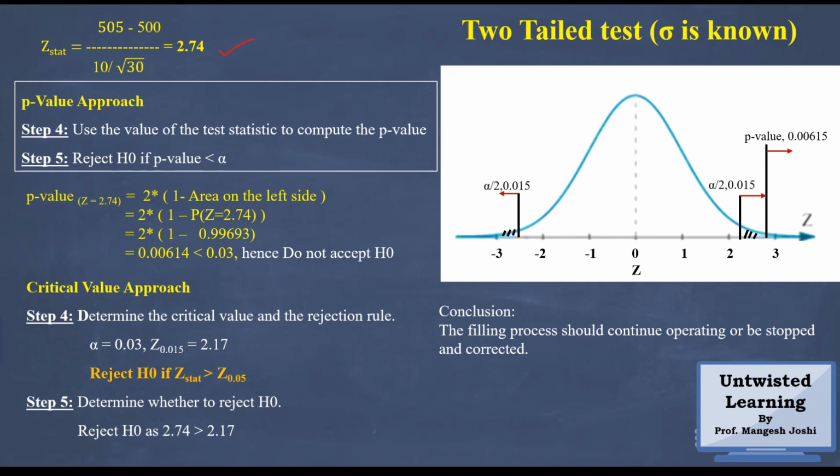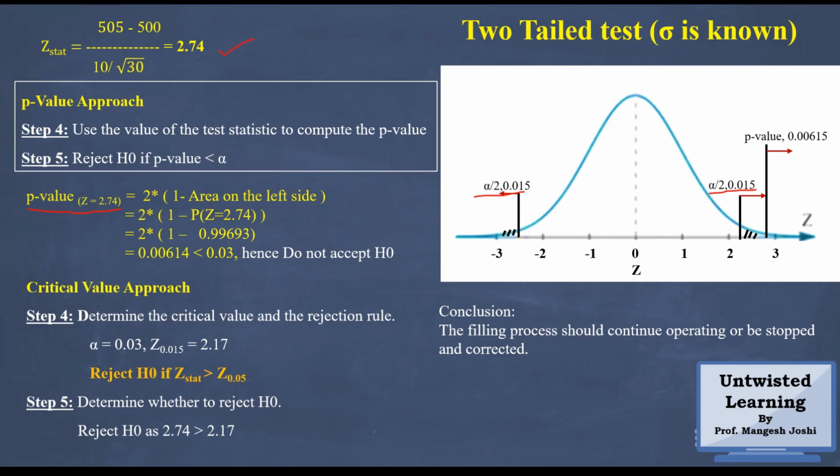Using the p-value approach, in this case your alpha gets divided into two sections, one in the left tail and the other in the right tail. So we have to check alpha by 2 and alpha by 2 here, right? So the p-value at z equals 2.74 is equal to 2 times 1 minus the area on the left side.